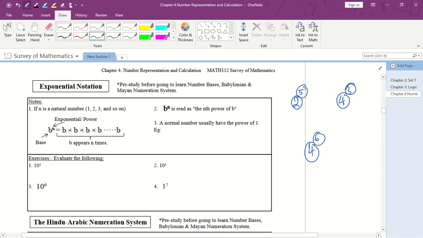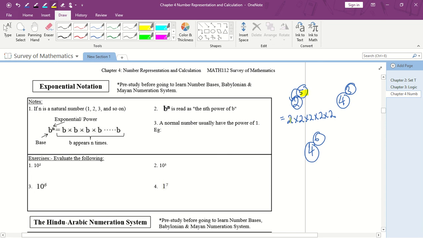Why do we have something above? It actually just means the repeating of the base. For example, 2 power 5 means 2 times 2 times 2 times 2 times 2: 1, 2, 3, 4, 5, it is 5 times, that's why we put a 5 on top.